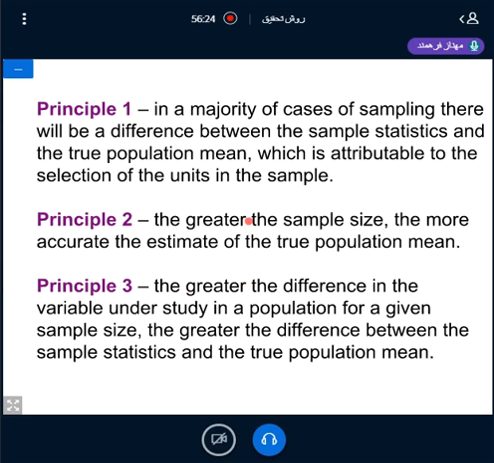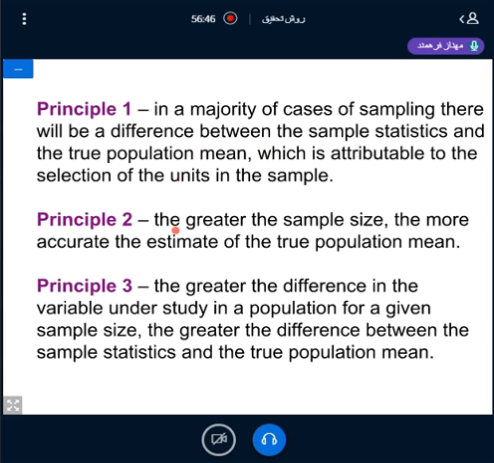So principle one is that a majority of cases of sampling have some differences between the sample statistics and the true population. So they are different from each other.